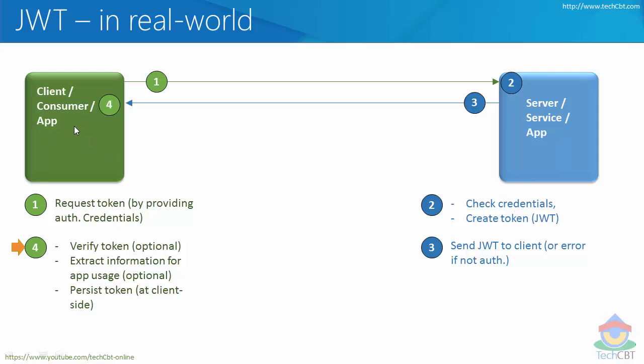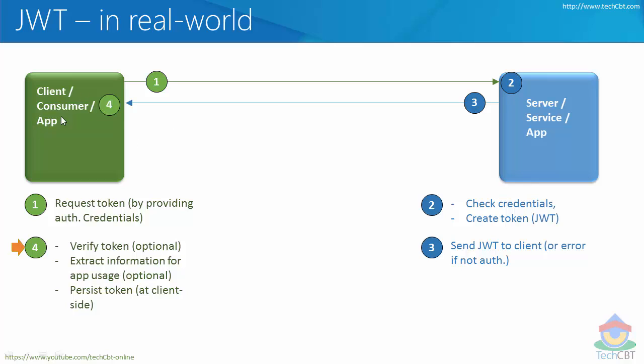Once this client receives that particular JWT, it can verify the JWT to ensure that it is authenticated and at the same time not tampered with. Why? Because during this communication, whenever you receive the JWT from the service at the client, if some hacker comes in and tampers the data right here, you will have some false information.